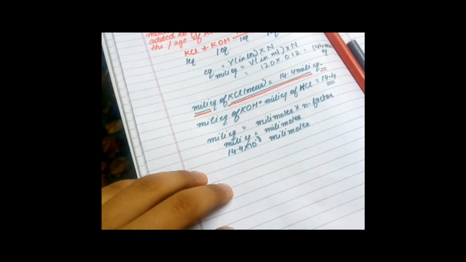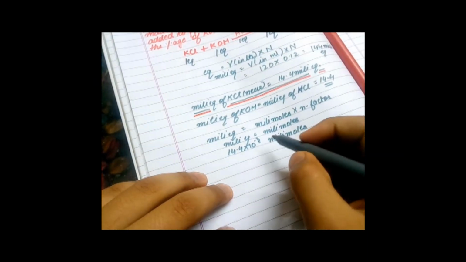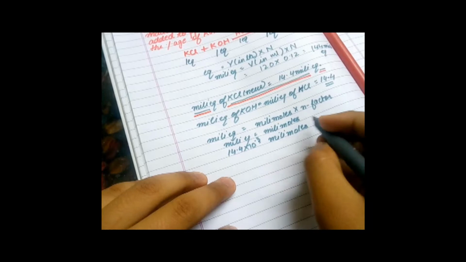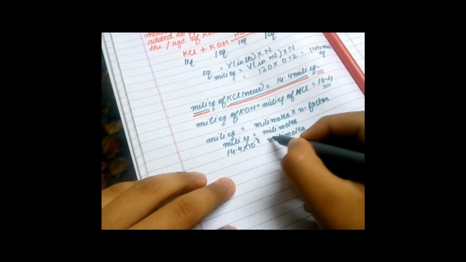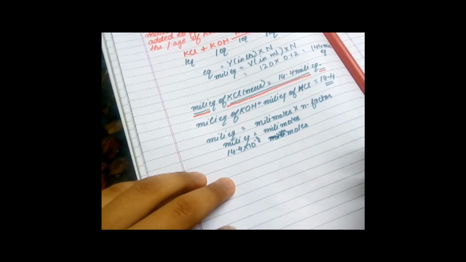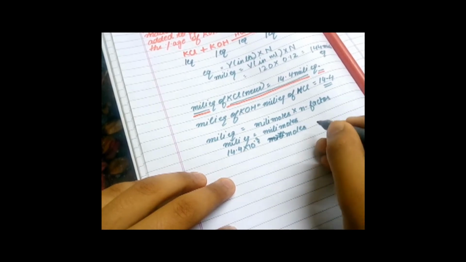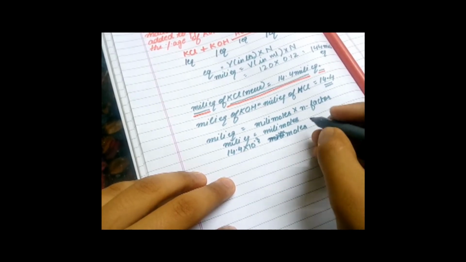And friends, now from moles it is really easy to calculate the mass. I have added 10 to the power minus 3, so it will be moles now, and it is really easy to calculate the mass from moles.